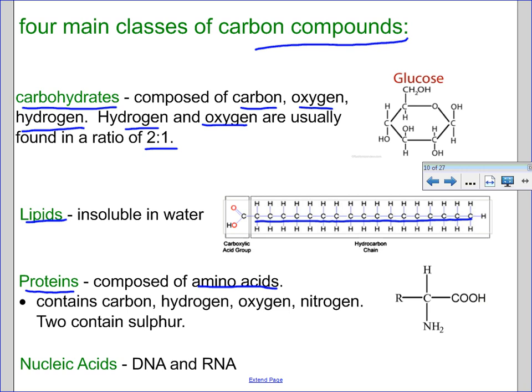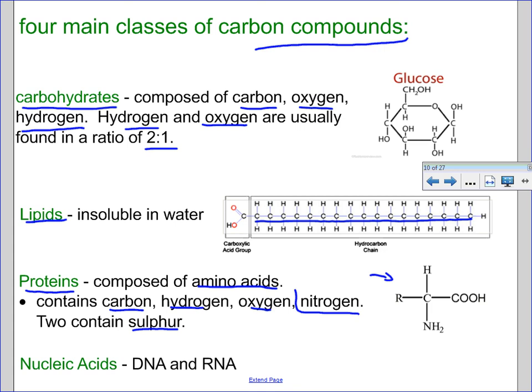The general structure of an amino acid is found in the diagram here. But we'll go through what those different parts are later on in the video. These amino acids, or these proteins, will contain carbon, hydrogen, oxygen, will contain nitrogen, and two of them will contain sulfur.